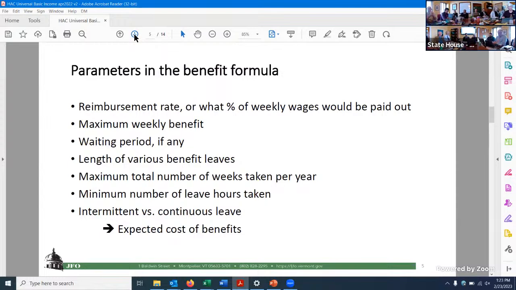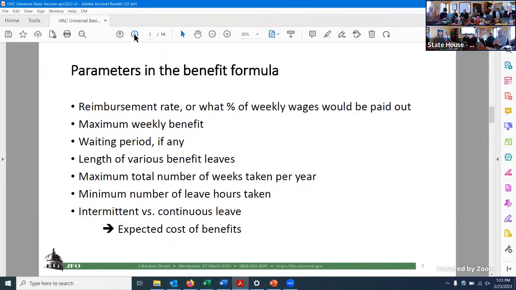Intermittent versus continuous leave. Some programs would say that you can take small blocks of time many times during the year. Other programs would say once you start on paid family leave, you're on that leave until you stop and then you're back in the workforce.